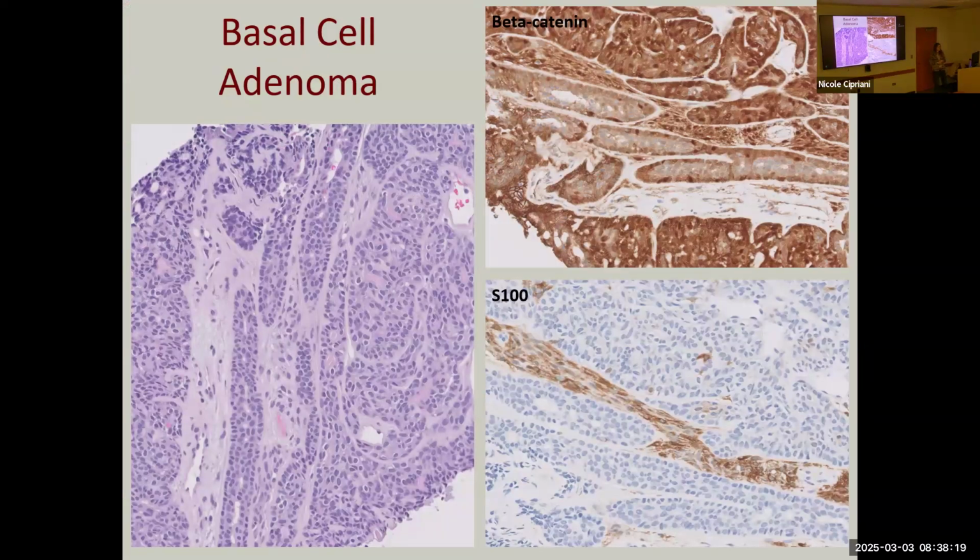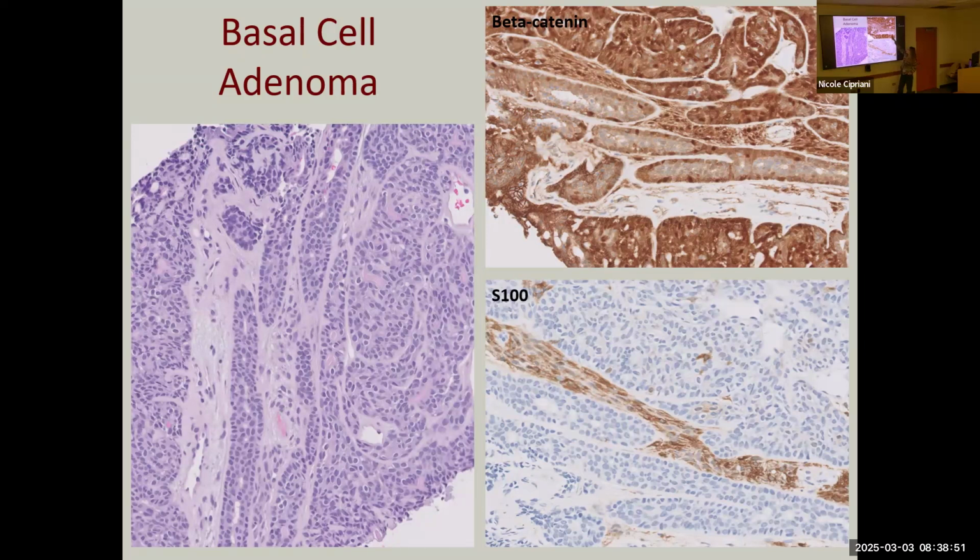One thing we don't talk about often, but is becoming important in the diagnosis of basal cell adenoma, is two things. Because many of them have beta-catenin mutations, you can use beta-catenin as a marker of this tumor, and often you will see nuclear expression localized to the outer myoepithelial or basal cell layer in this tumor, and sometimes to the stroma.